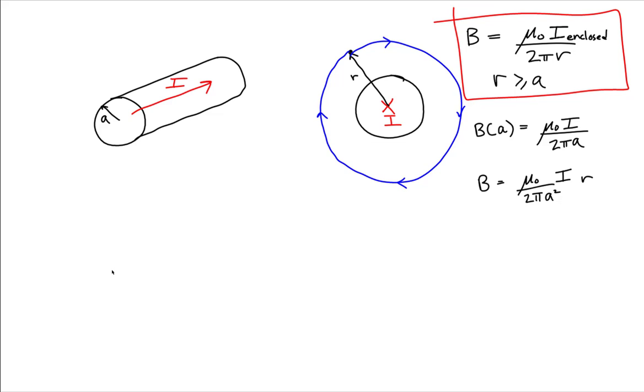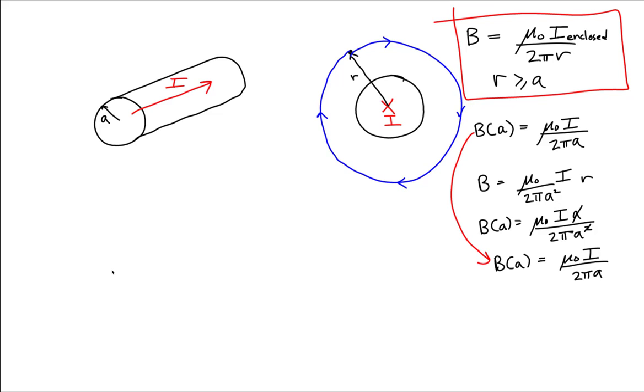Now, if r is equal to a, this is mu naught I a over 2 pi a squared. An a in the numerator cancels with one in the denominator, and we get that the magnetic field at the surface of the cylinder, due to our first derivation, is mu naught I over 2 pi a. Notice that these two results are the same.